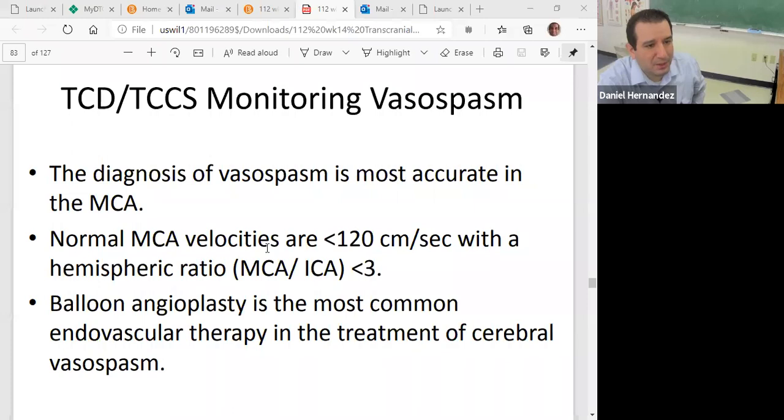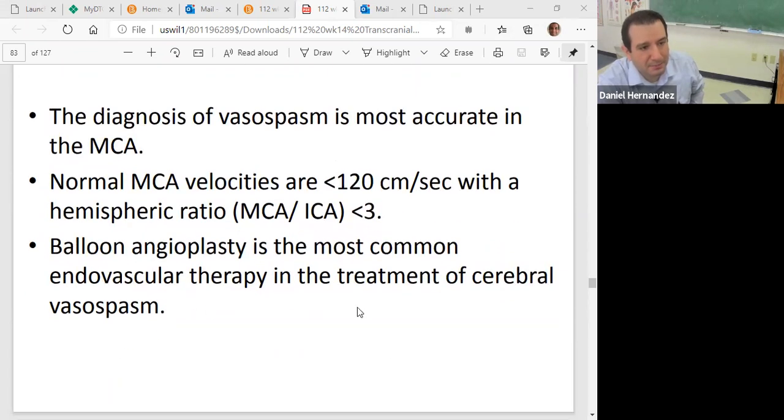Normal middle cerebral velocities are less than 120 with a hemispheric ratio less than 3. Balloon angioplasty is the most common endovascular therapy in the treatment of cerebral vasospasm. They're actually going to go in there and try to balloon open that vessel to prevent an ischemic injury to the brain.